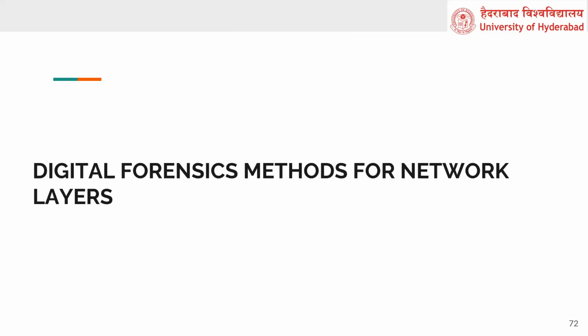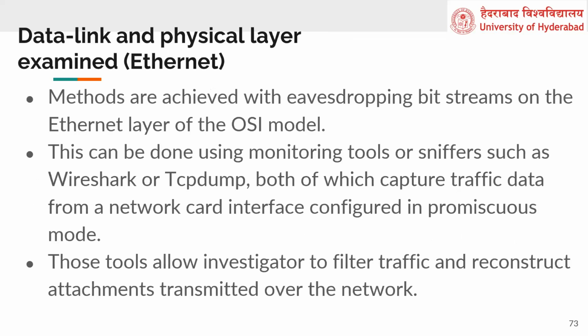There is another thing, that is forensics methods, how to apply them to the network layers. First, apply them to the data link layer and physical link layer. In the physical and data link layer, methods are achieved by eavesdropping bit streams on the Ethernet layer of the OSI model.